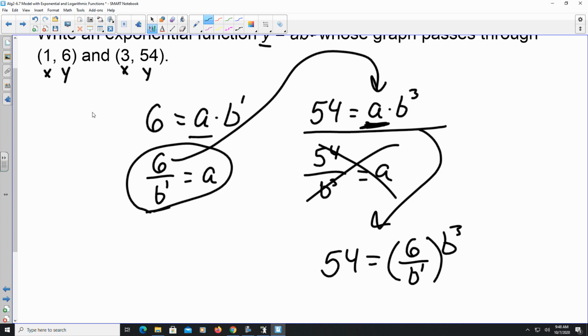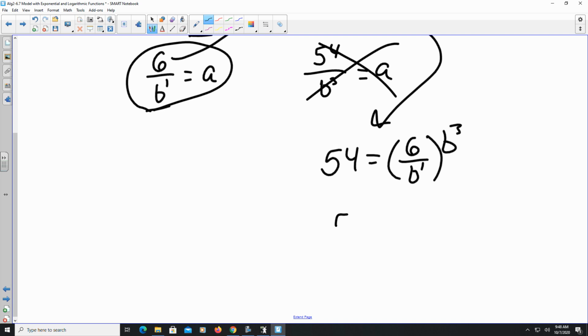Well, b to the third divided by b to the first, those are same base values, so I can subtract the exponents. So now this turns into 54 is equal to 6 times b to the second. Now I just have one variable and I can solve for b.